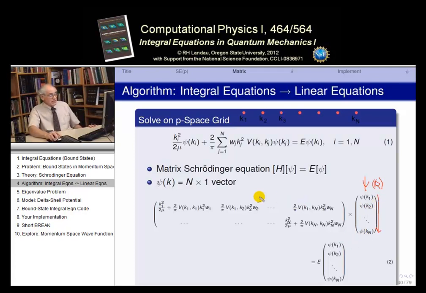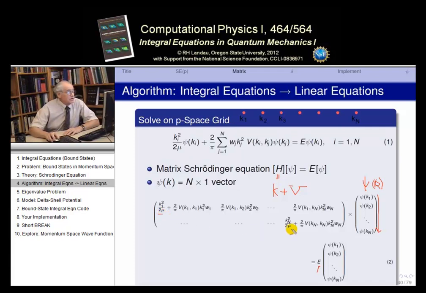It occurs on the left-hand side of the equation, and it occurs on the right-hand side. Okay? So that's the same wave vector psi of k, which is psi. This is the eigenvalue E, and the matrix here is the Hamiltonian matrix. Hamiltonian is often called a matrix or operator, and the Hamiltonian H is, of course, just equal to kinetic energy K plus V. And if we look at the matrix, we see, oh, that's the Hamiltonian matrix. This is just k squared over 2 mu, mu being the reduced mass for the problem.